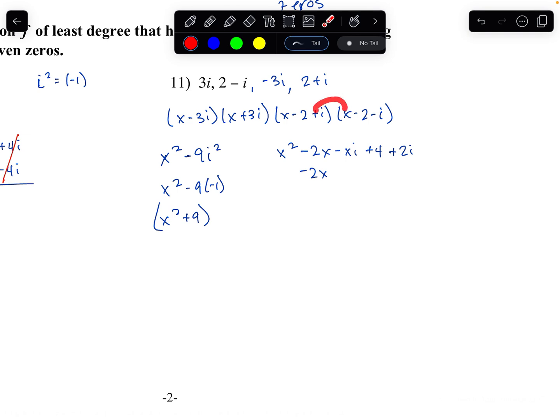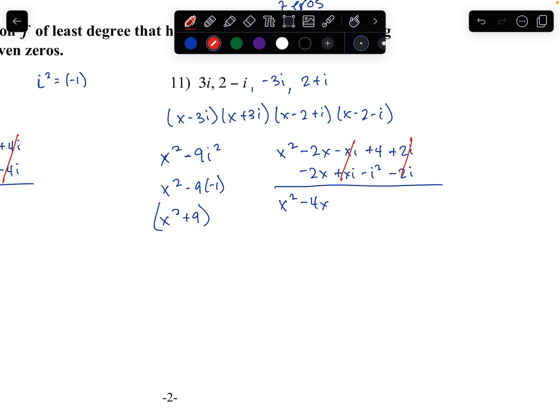Okay, and then i times x is going to be plus xi. i times negative 2 is going to be negative 2i. i times negative i is negative i squared. So kind of the same pattern that we saw before. We're going to get x squared minus 4x. Those cancel. And then this is 4 plus 1, because negative i squared is negative of negative 1, which is plus 1, so that becomes plus 5.